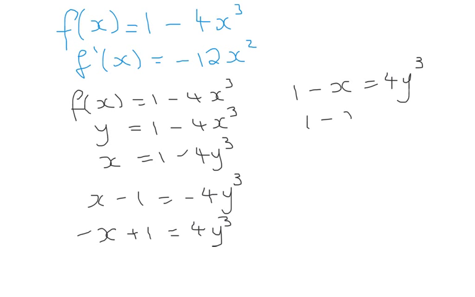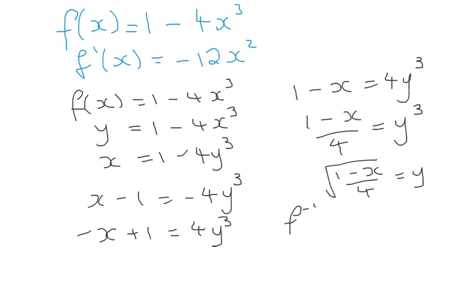Divide by 4 equals y cubed. Take the cubed root, 1 subtract x over 4 equals y, and just rewrite this with the inverse function notation.